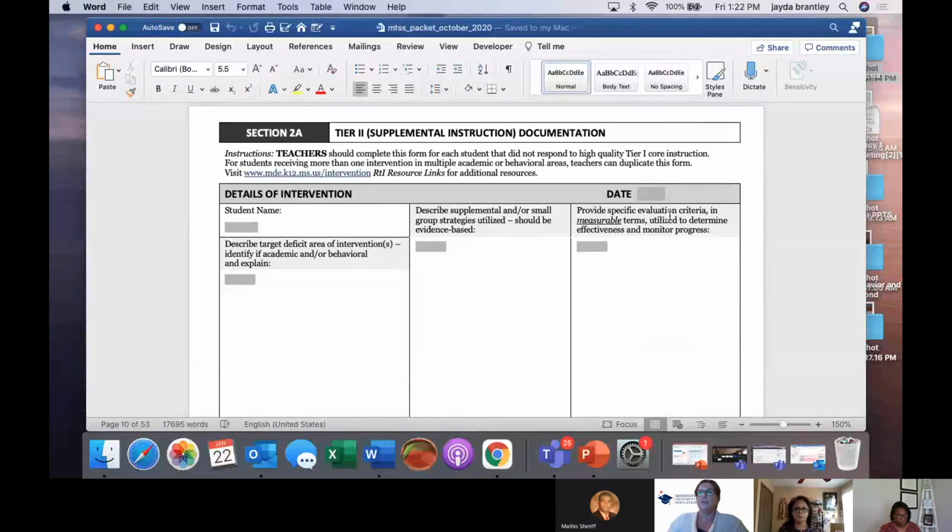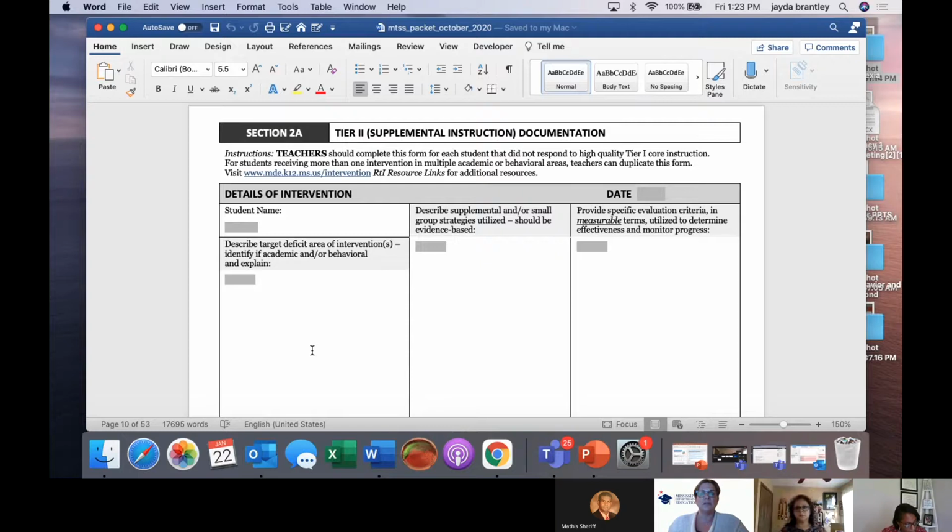Okay, the Tier 2 supplemental instruction documentation, my favorite piece, because like I said earlier, it's kind of the meat. So in this left-hand column, I'm going to write the target deficit area, or it may be more than one area, depending on the students and where they're struggling, what the capacity is as far as providing intervention.